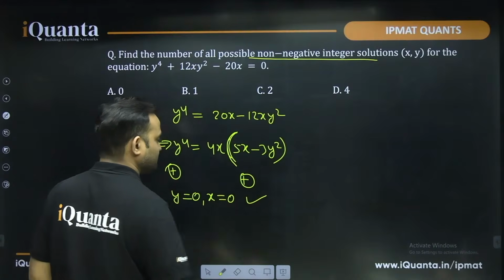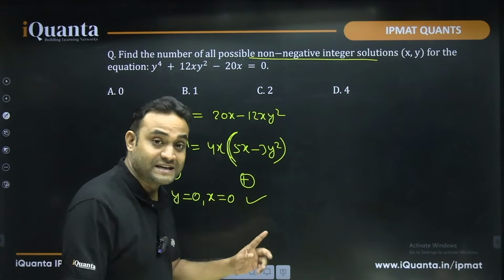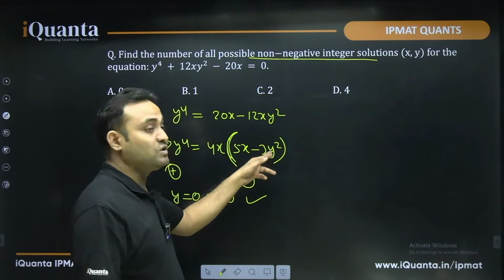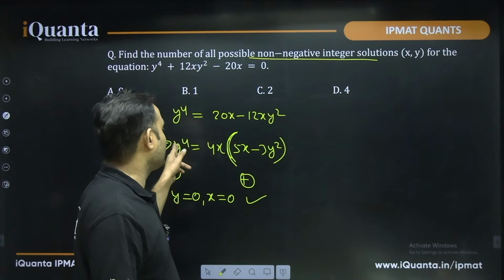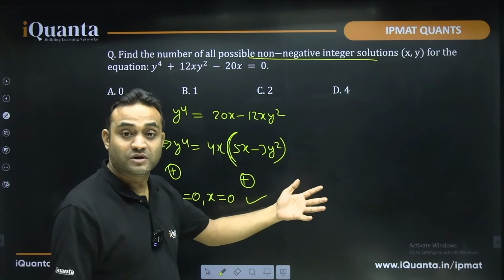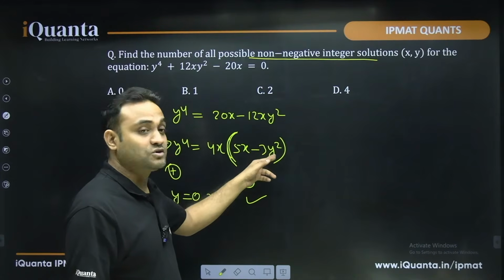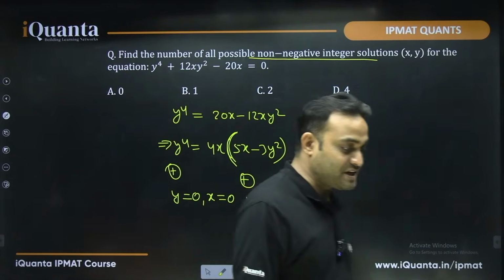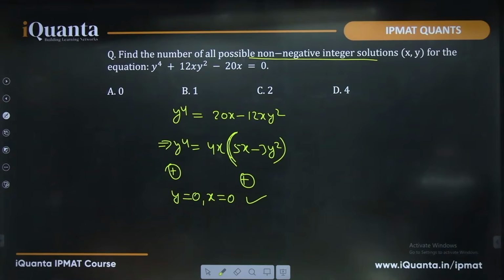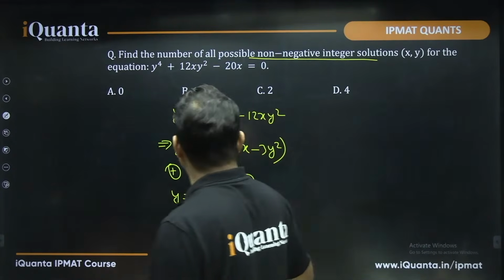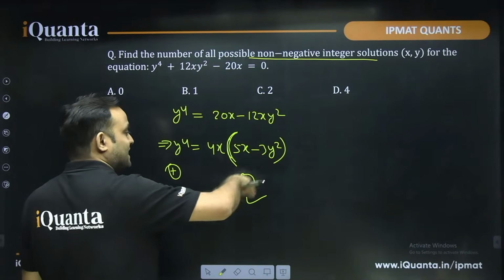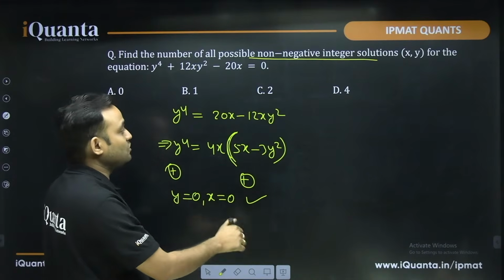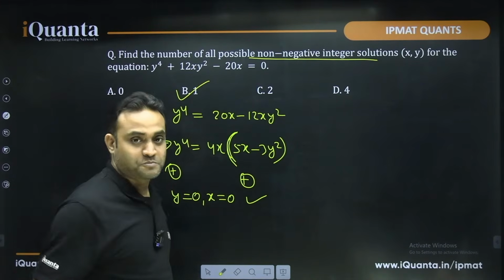That is possible. But when you take y is equal to 1, this will become 1. There are no solutions possible. If you take y is equal to 2, the value will keep increasing on the left hand side but not the right hand side, and that will be the only solution. So the answer is option B.